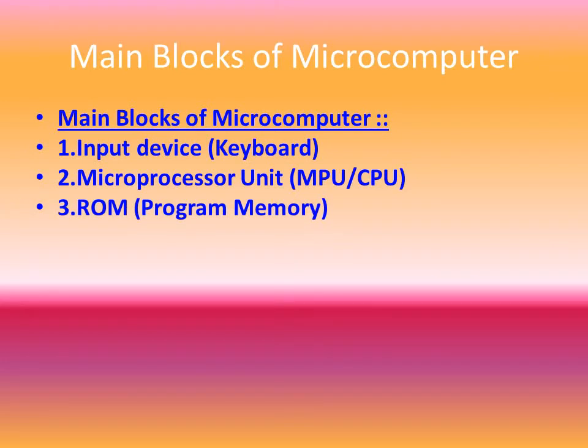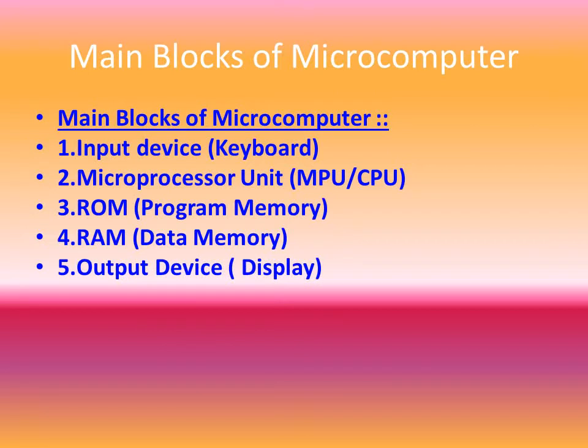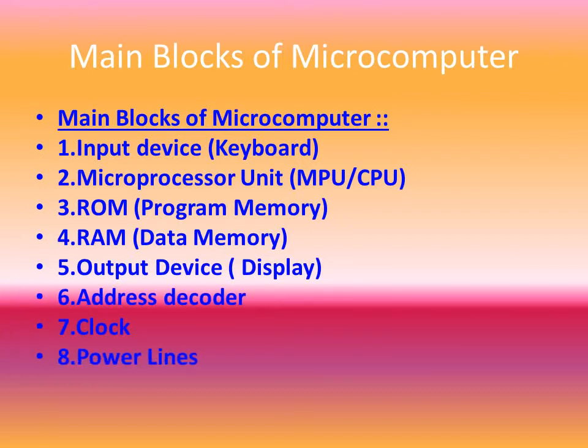Third part is your ROM memory, that is read only memory, which is called a program memory. Next is RAM, that is random access memory, or you can call it a data memory. Next is your output device, and here the output device we are using is a monitor. Next is your address decoder, clock, and last is your power lines. So these are the main blocks of your microcomputer.